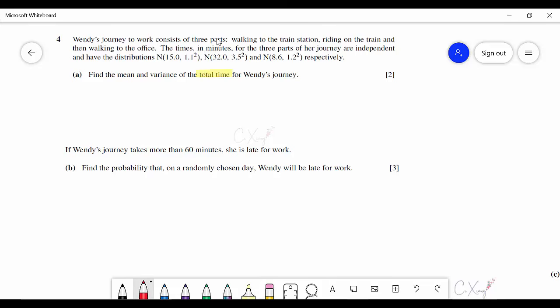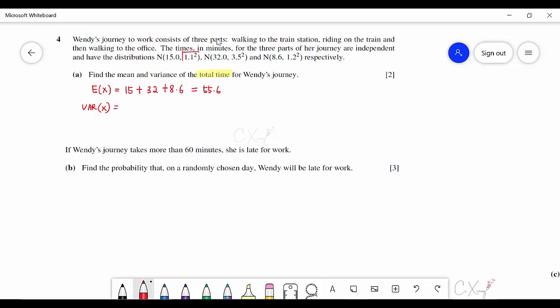To get the mean, first of all, it is the expected value. Everything is normally distributed, so you just add all the means together, which is 15 plus 32 plus 8.6, and you will see that it equals 55.6. And for variance, we are talking about the total time, so total means that you add.